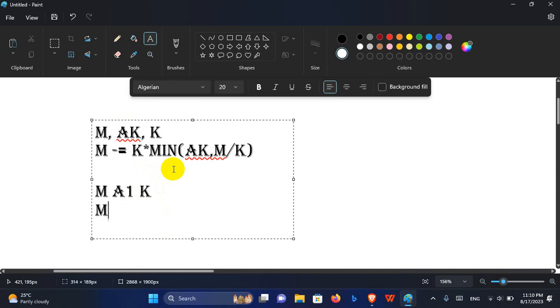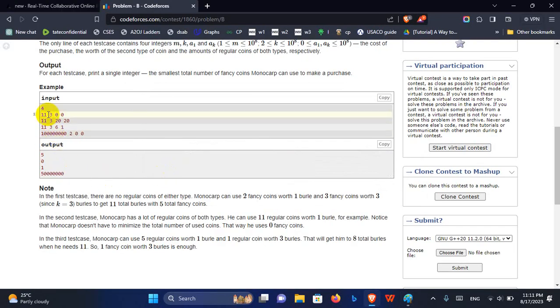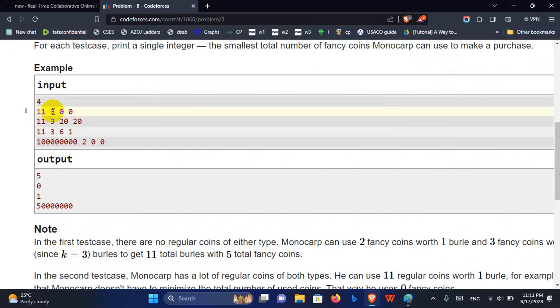Now we can subtract A1, we can do this same thing with M and A1, but the problem is that sometimes, for example right here, if we use it there is 0 of them.